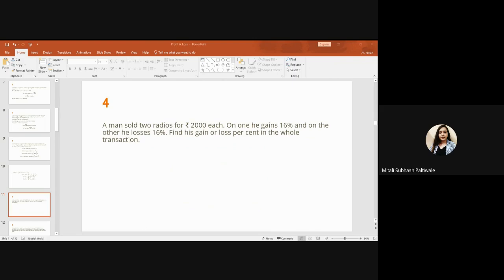Here he is incurring a loss and he is also earning a profit. For that matter, there is a formula.